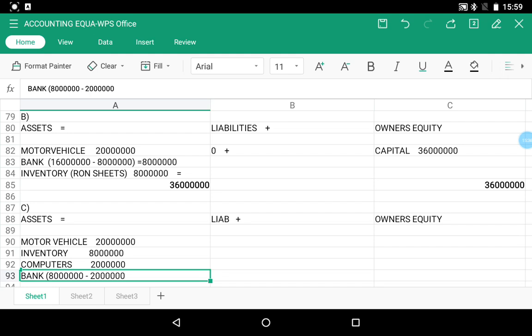But when they say it was paid by cash, we use cash to pay for those computers. But when they say they bought it by bank, that means they used check. They used bank to pay that amount. So we are going to first remove 2 million.